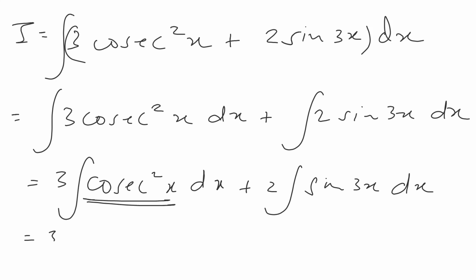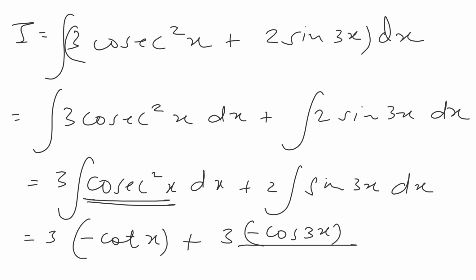Integration of cosec square x is minus cot x, and integration of sin 3x is minus cos 3x upon d by dx of 3x, that is 3.